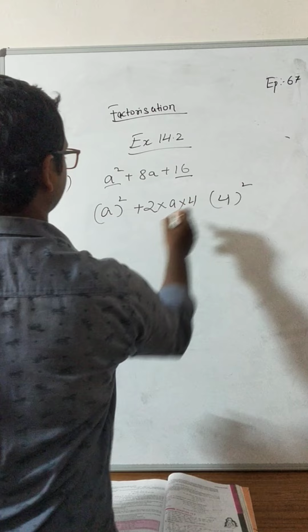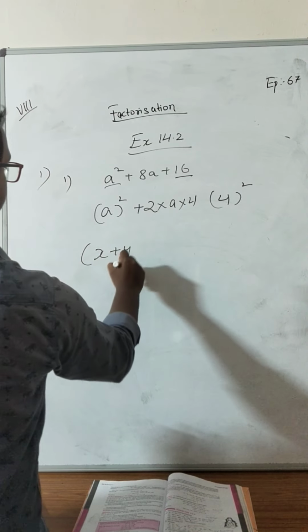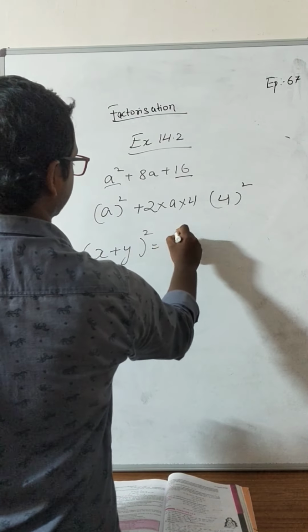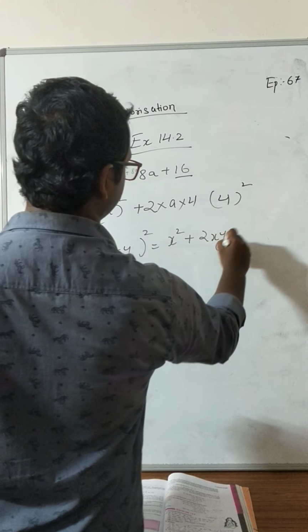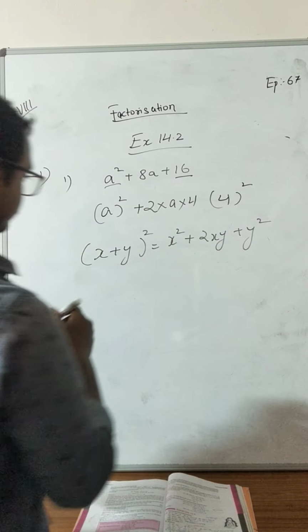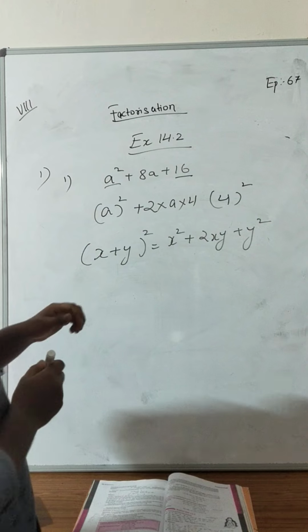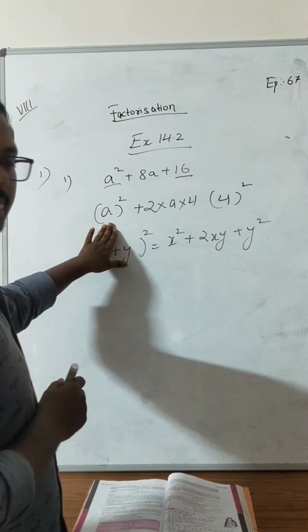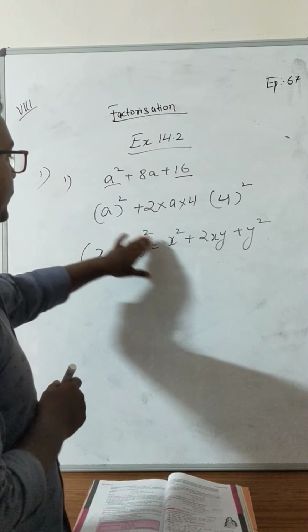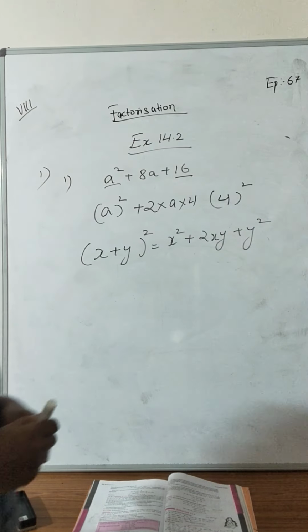Let us write this like this: x plus y whole square is equal to x square plus 2xy plus y square.